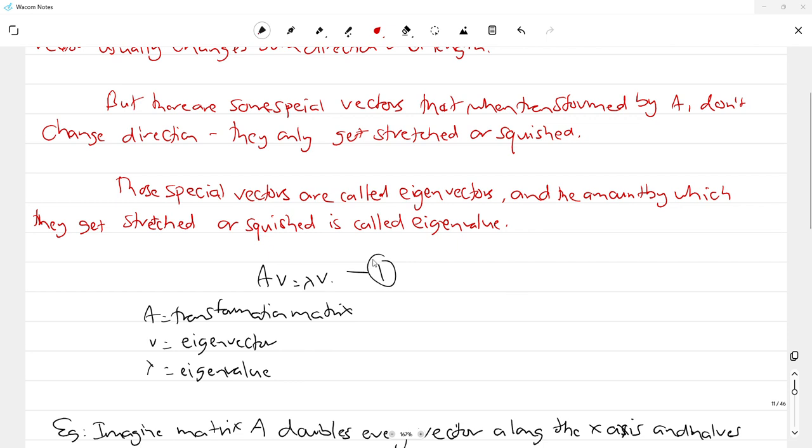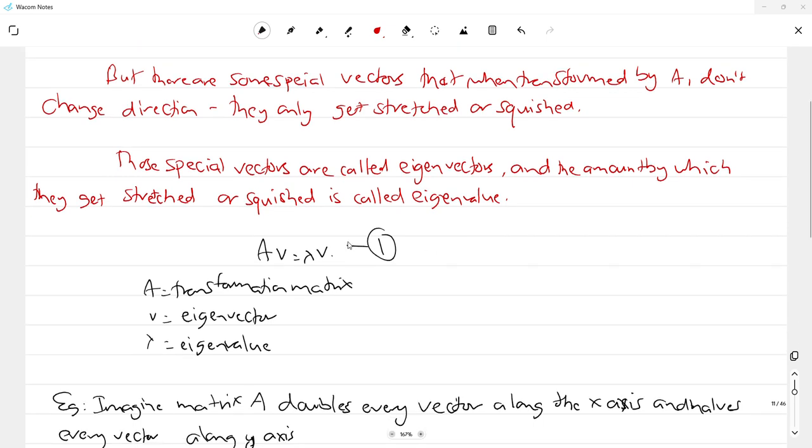Now, for every eigenvector, there's a number called an eigenvalue that tells you how much that direction got stretched or compressed. For example, if you see in this equation 1, you can see that if we apply a transformation A to a vector V, then it doesn't change direction. It simply stretches or squishes.